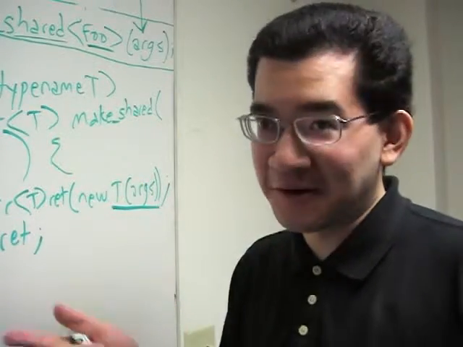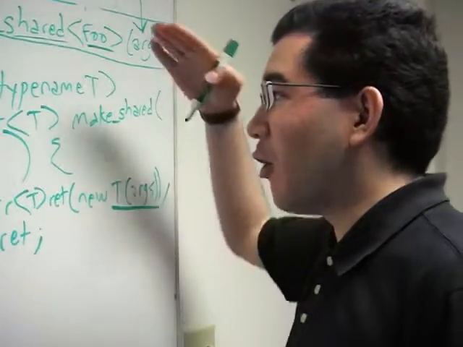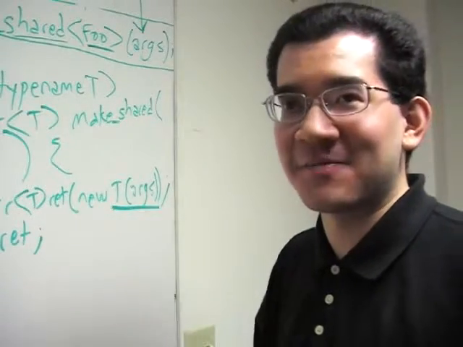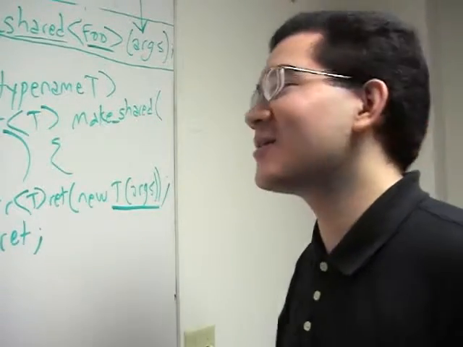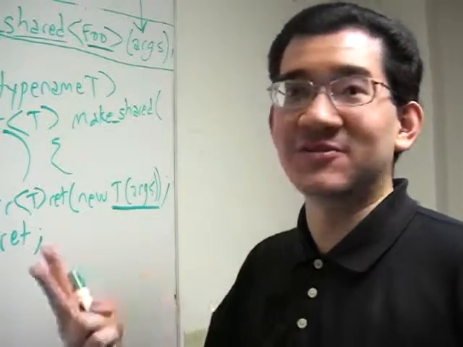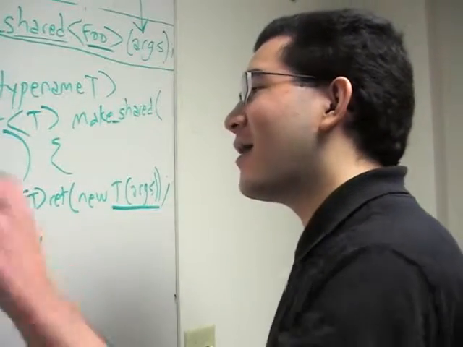There we fake it because we don't have variadic templates, even in VC10, by overloading make_shared 11 times for 0 to 10 arguments. We stamp it out with preprocessor macros. So let's just assume that I'm going to do this for 2 arguments, because if I can do it for 2 arguments, I can do it for as many as I want.